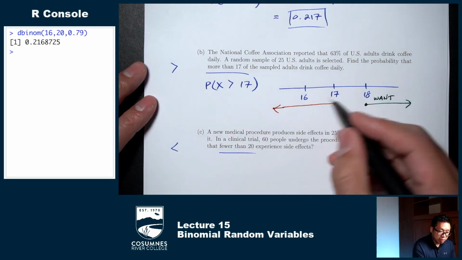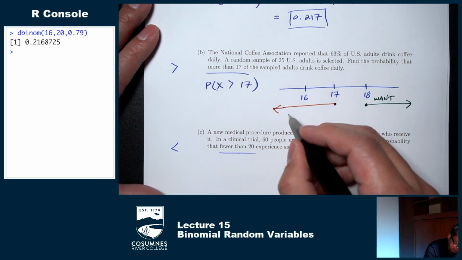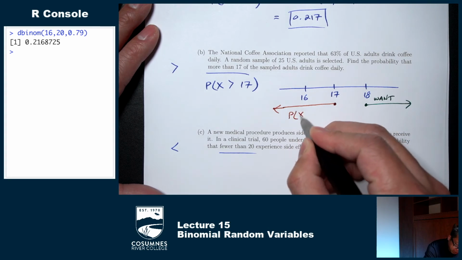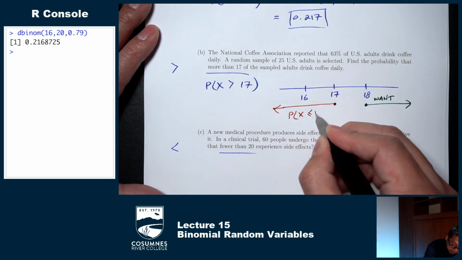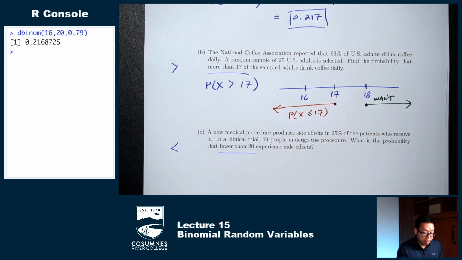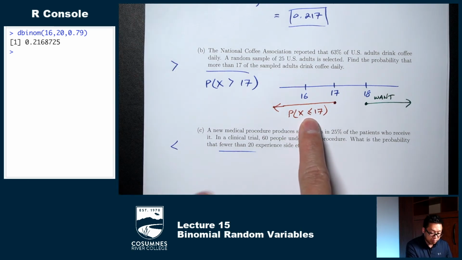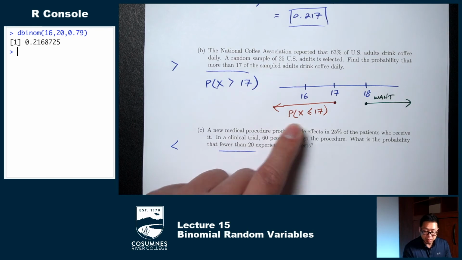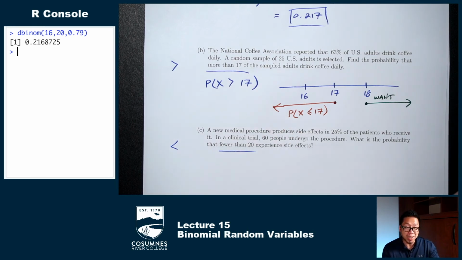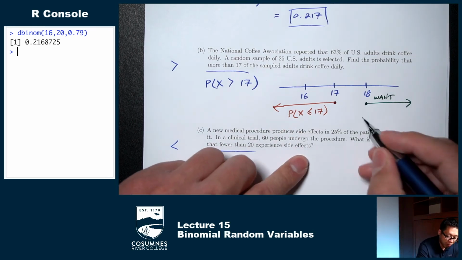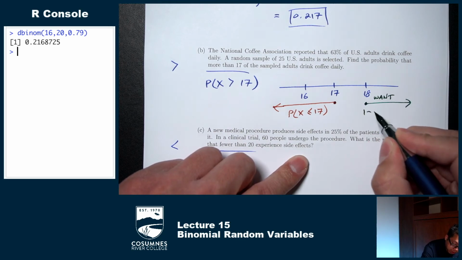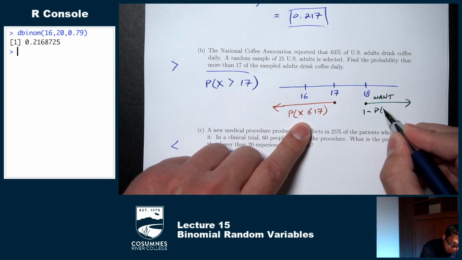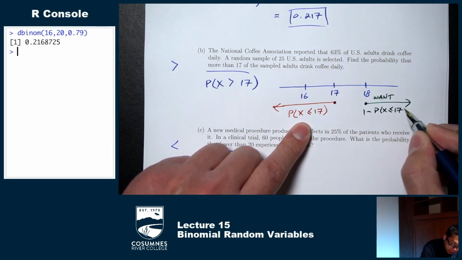Left part, 17 and to the left, would be written as less than or equal 17. Okay? Notice that now I've introduced the less than or equal like I wanted. That's the left part. Because I want the right part, which is the complement, we just have to do 1 minus the left part, which is less than or equal 17.